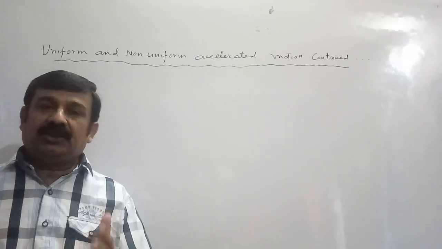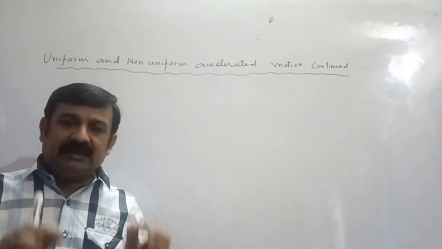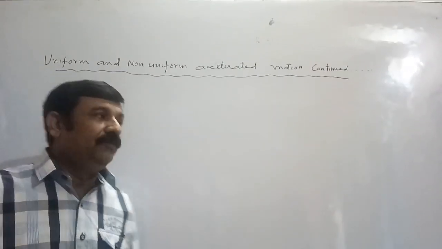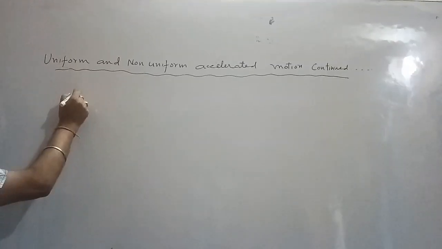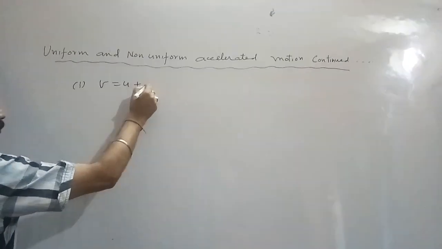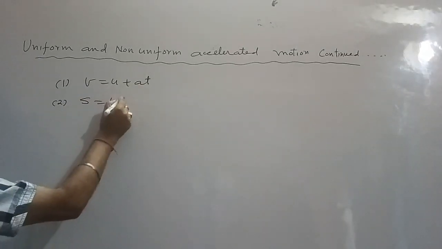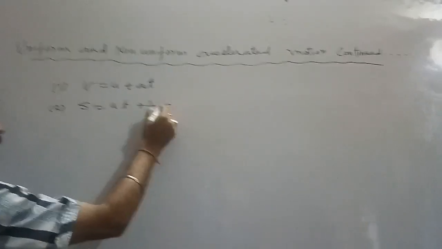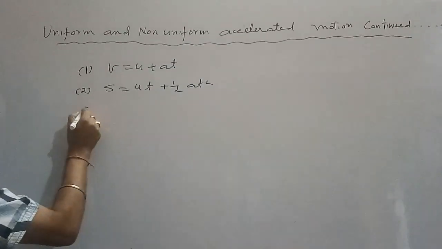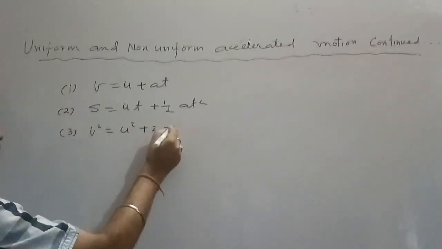When we discuss situations based on uniform accelerated motion, we use three equations of motion which you have discussed in class 9: V is equal to U plus AT, S is equal to UT plus half AT square, and V square is equal to U square plus 2AS.